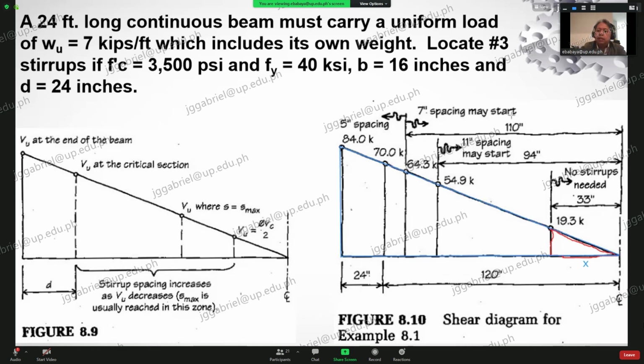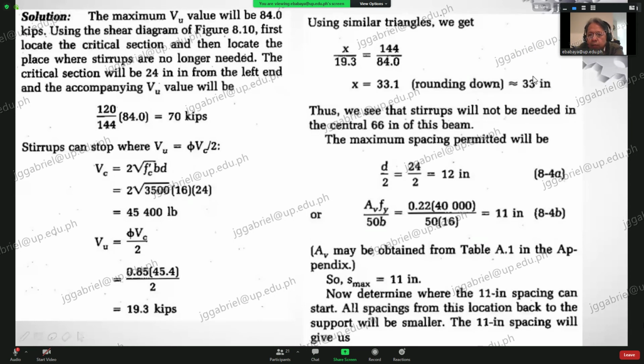So they are similar triangles. That is why you can do the ratio and proportion. That's why we got 33 inches.